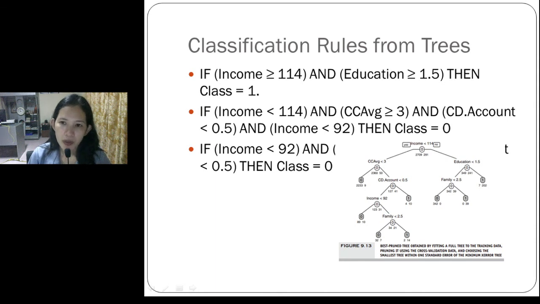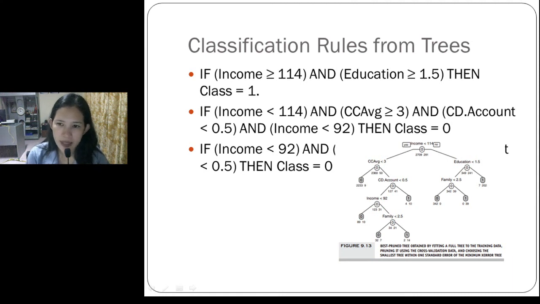For example, consider the rule from the second from bottom leftmost terminal node in this figure. If income is less than 114 and CCAvg is greater than or equal to 3, and CD.Account is less than 0.5 and income is less than 92, then class equals 0.